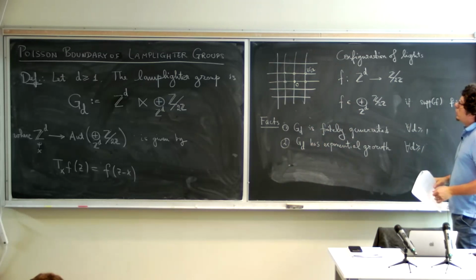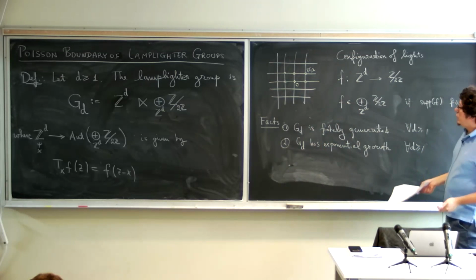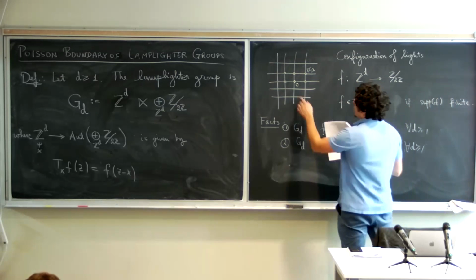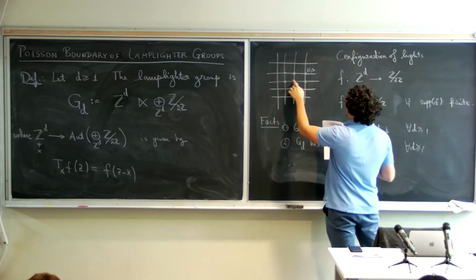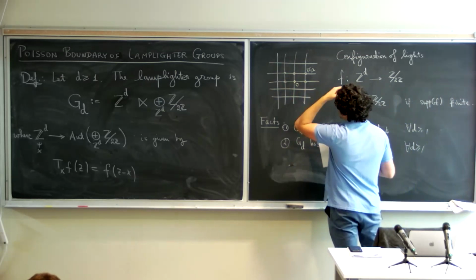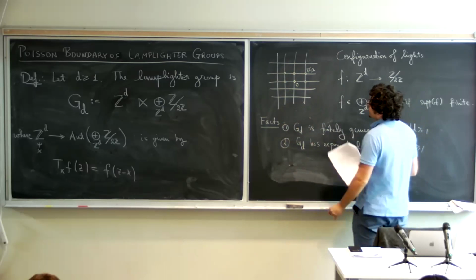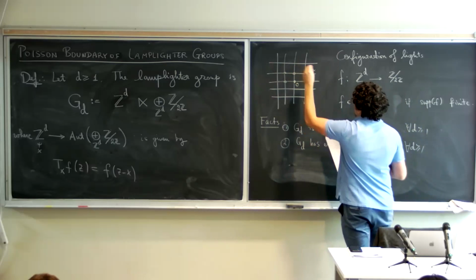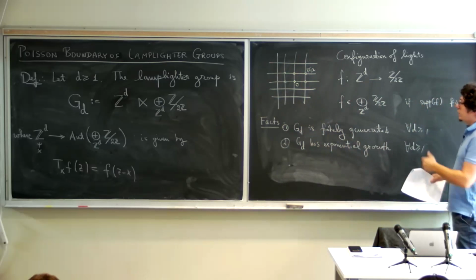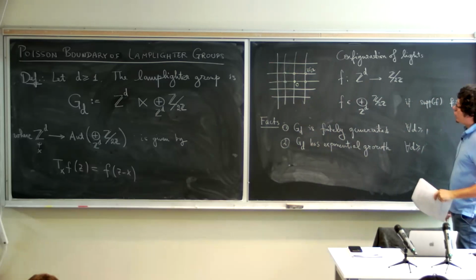And on the other hand, in 2R steps, you can turn on or off any lights that you want, because it takes at most R steps to walk there, and then you can change the lights. So you can see that this group has exponential growth.